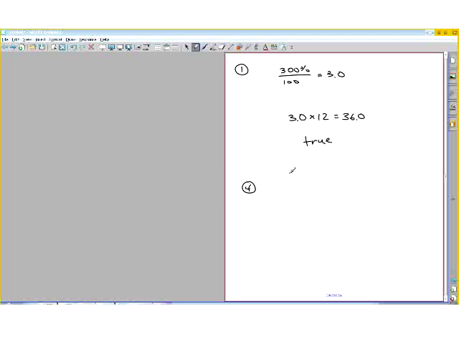Four: when 759.367 is rounded to the nearest hundredth, the result is... okay, so 759.367 to the nearest hundredth. Well, hundredths would be 2 decimal places: tenths, hundredths, thousandths.